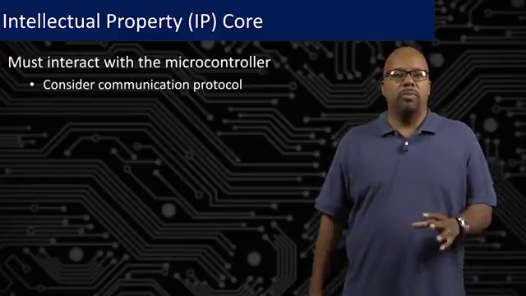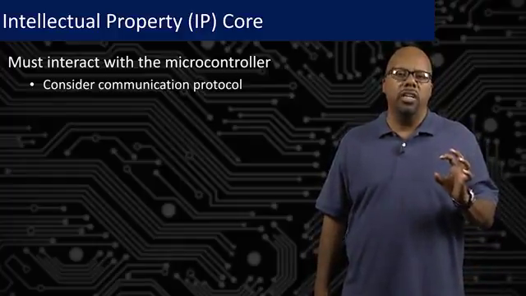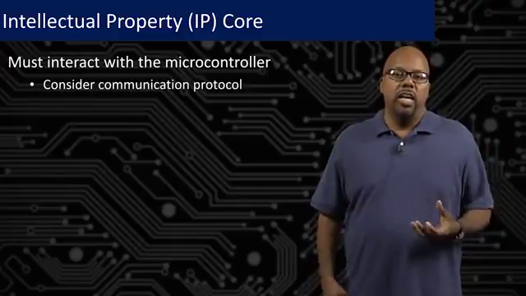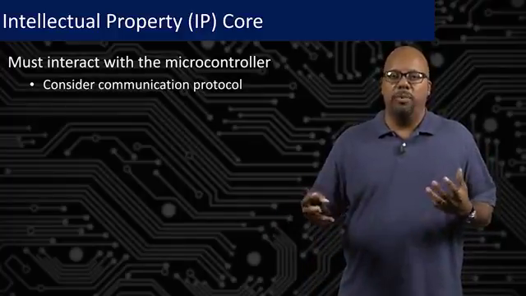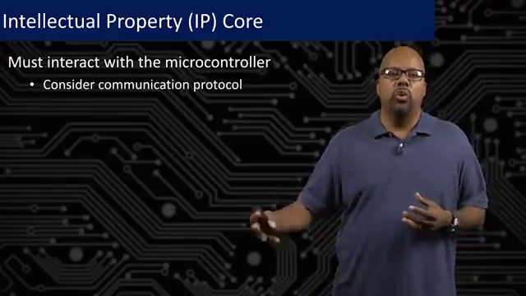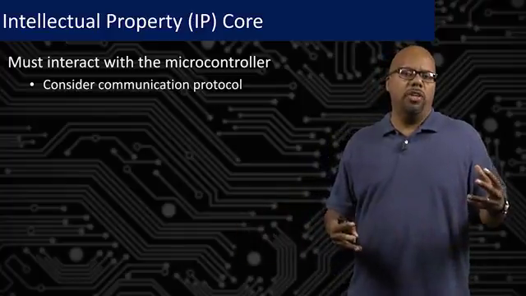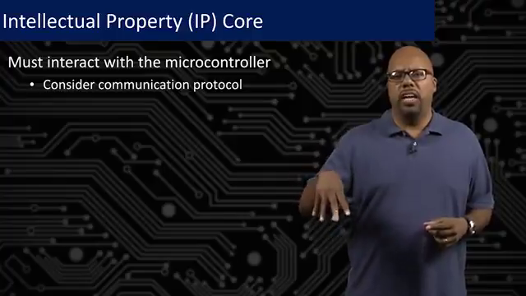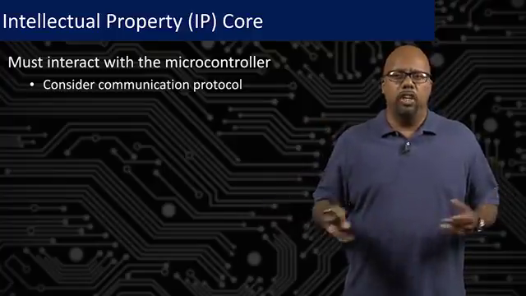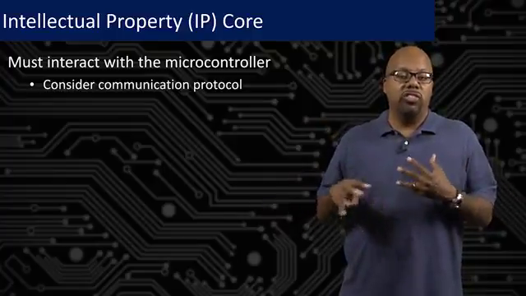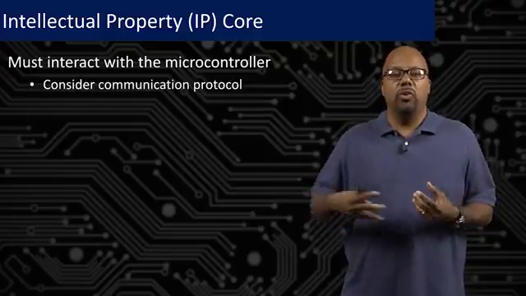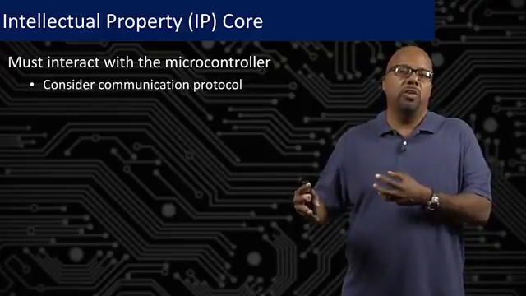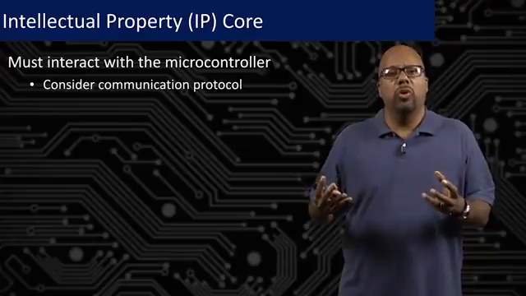And they have to interact with the microcontroller. So remember that the microcontroller is the center of all the action, right? So it's connected to the IP cores, and it tells them when to do what they need to do, right? So if an IP core is for encoding video, the microcontroller will say, encode this data now, right? And when I say it will say that, I mean through the signals, through the wires, it will send the appropriate sequence of input signals to trigger it to record, right?